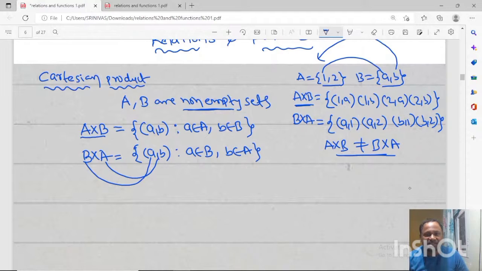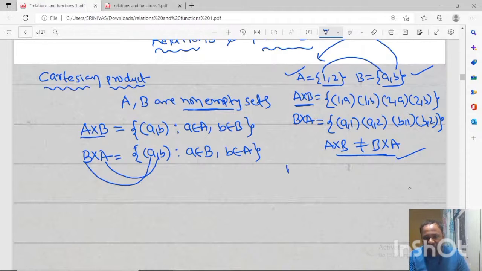Suppose empty sets: whenever A is an empty set, B is also an empty set, then the Cartesian product is also empty. So non-empty means non-empty, empty means empty. So remember this condition, A cross B not equal to B cross A. And here I got one condition.